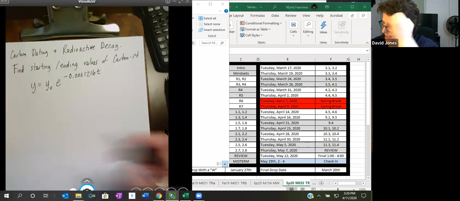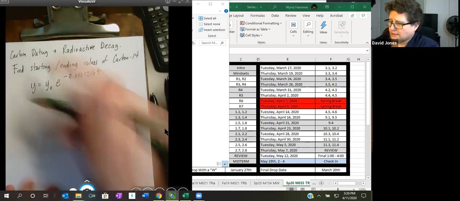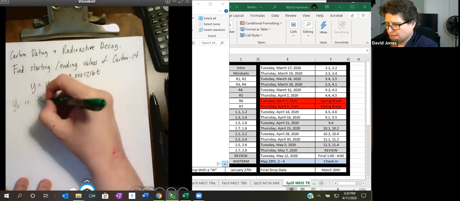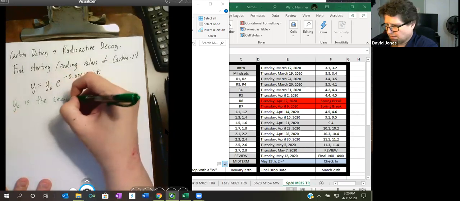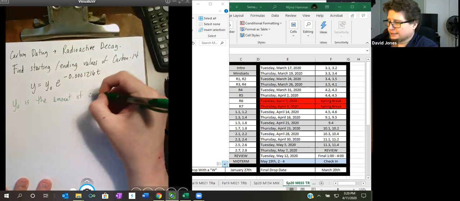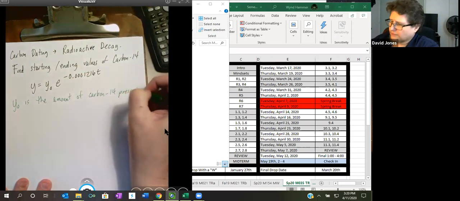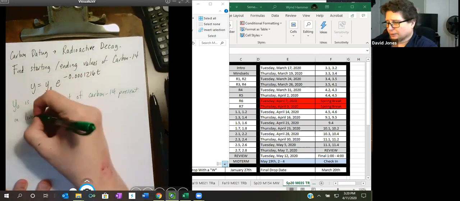And so this is the amount, where y naught is the amount of carbon-14 present in living plants and animals.